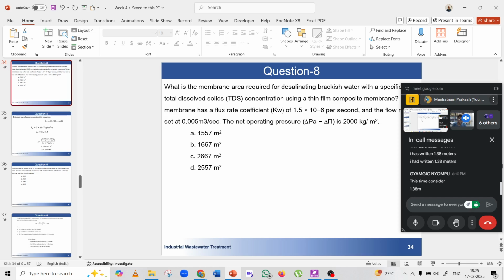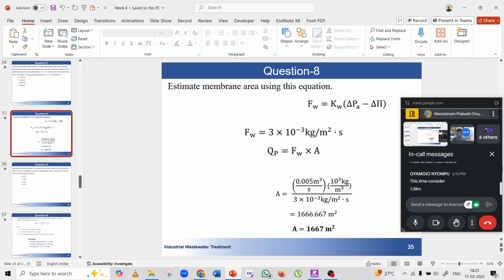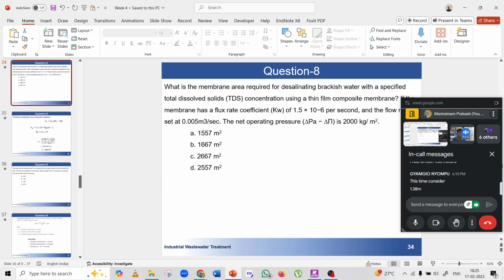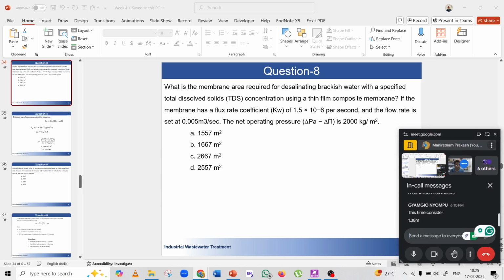Here it is kg per meter cube, here it is per second, and here again it is meter cube per second, so you have to convert your units accordingly. That's what has been done here. Remember, Fw unit is given in kg.